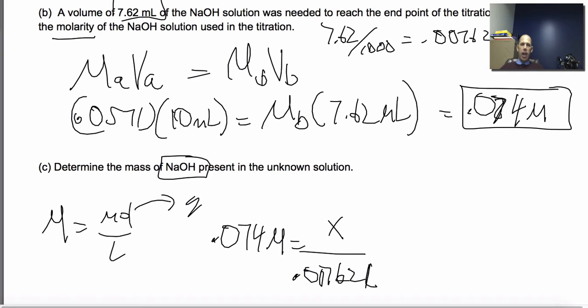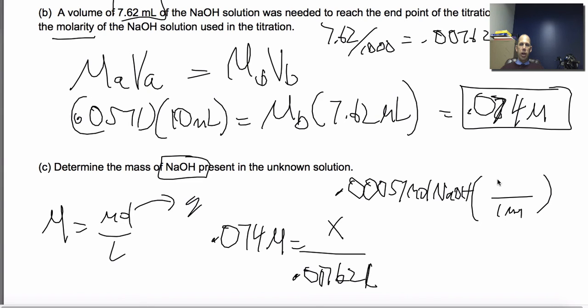And so that gives us 0.0005 moles, 57 moles NaOH. And in every 1 mole of NaOH, there's 40 grams. So I'm going to times this by 40, and I end up getting 0.02 grams of NaOH.